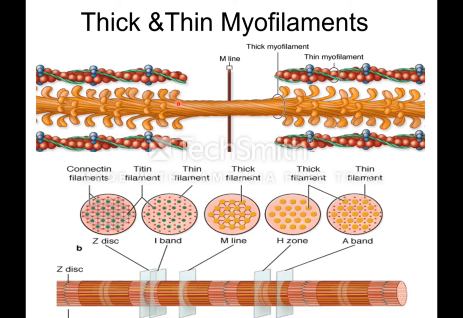The heads are toward the side of the sarcomere, located close to the actin. The actin has the myosin binding site, and in contraction the head of the myosin attaches to the actin myofilament.